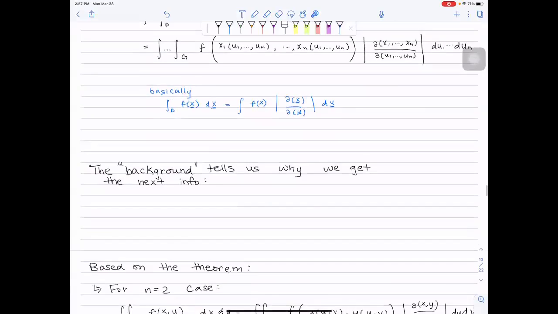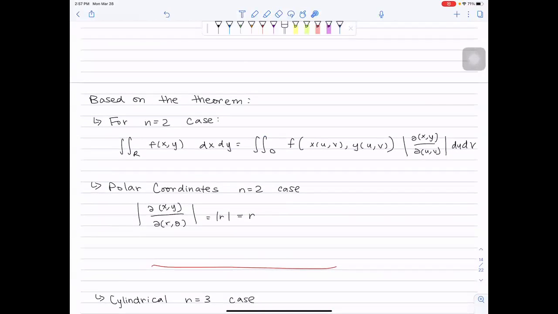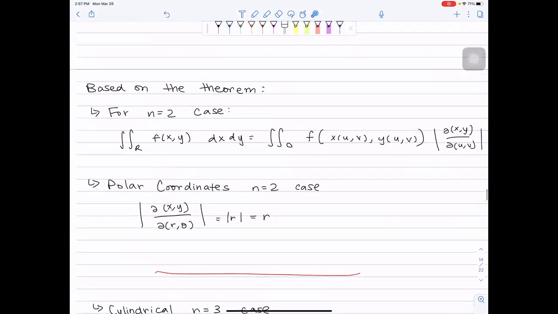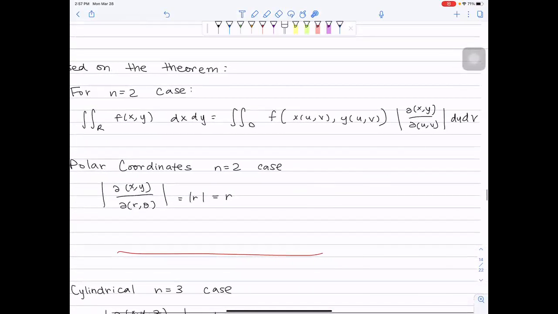Now, when we're doing polar coordinates, if we wanted to convert from x, y, what did we say? In general, for polar coordinates, we have an integral of some function with x's and y's, dx dy, or dA, and we rewrite the expression so that it just has r's and thetas.